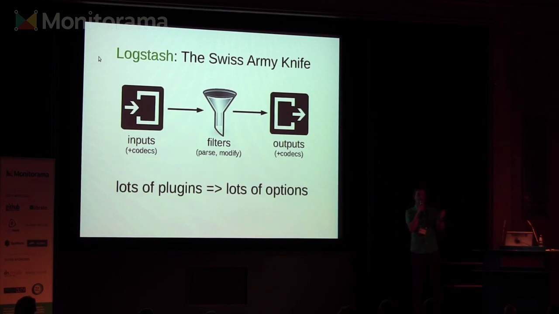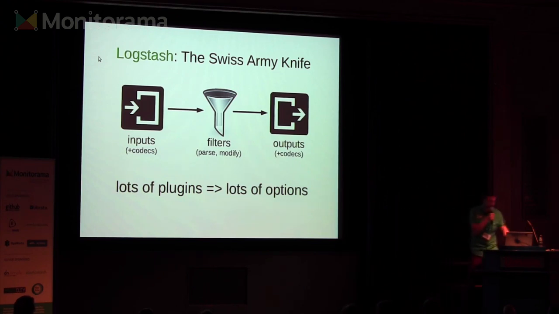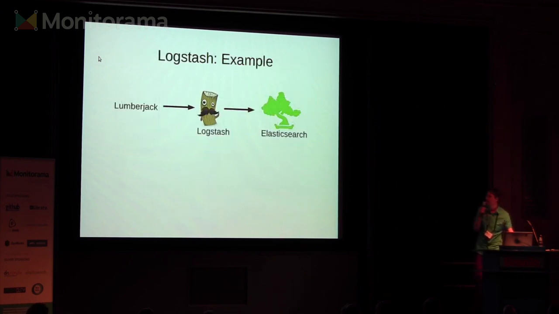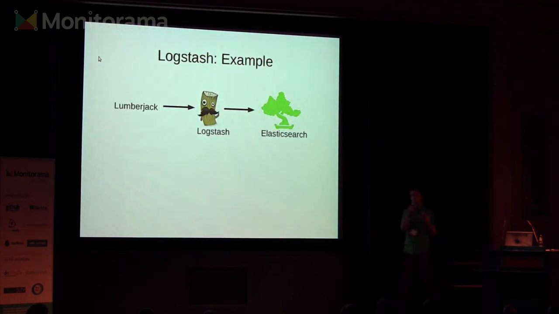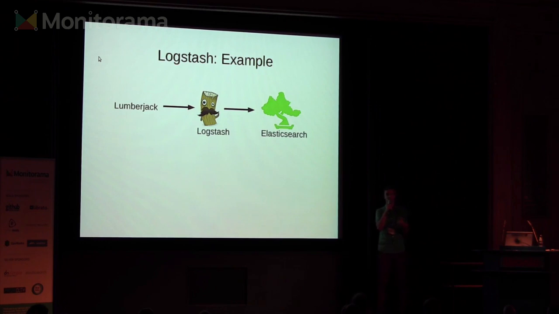The simplest way is you just, on every host that's logging, put Logstash and make it send your logs to Elasticsearch and parse them along the way if you want to. But Logstash is quite big in terms of how much memory it uses. So sometimes it makes sense to use Lumberjack on your host.